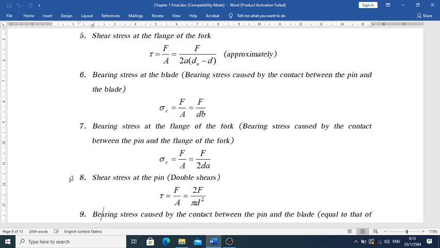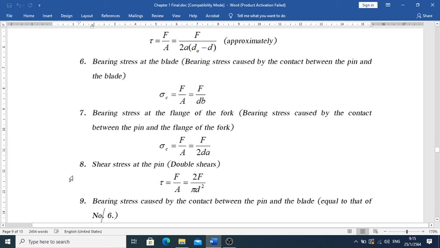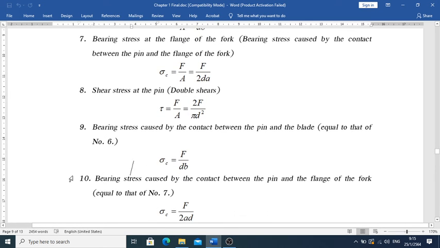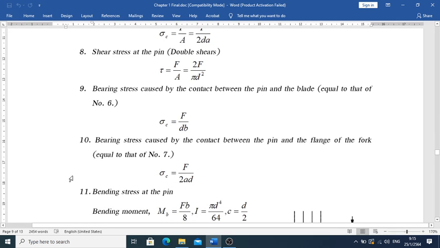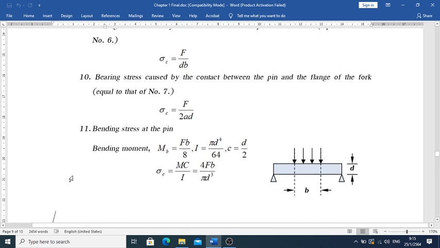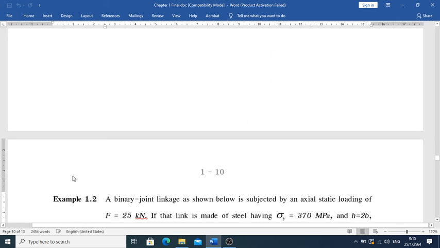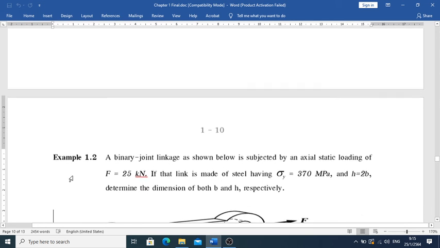And then number 9, the bearing stress at the pin, and number 10 at the pin again. Number 9 and number 6 are equal to each other, number 10 equal to number 7. Please have a look at it very carefully. It's what we have studied.